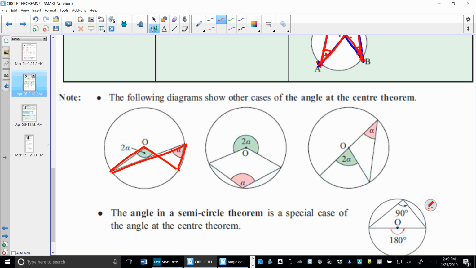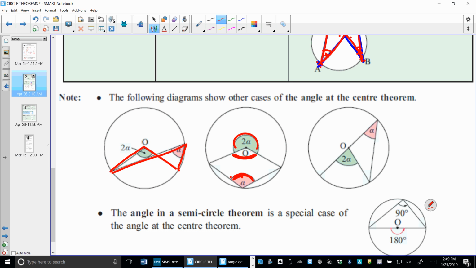Often a question will label this angle here and ask you about this one, and people think, oh look, it's angles at the center because this one goes to the center, this one goes to the outside edge. But this is what I was saying about hanging the same way. If you're asked about this angle here, you need to first of all know this angle here, because they're both hanging the same way.